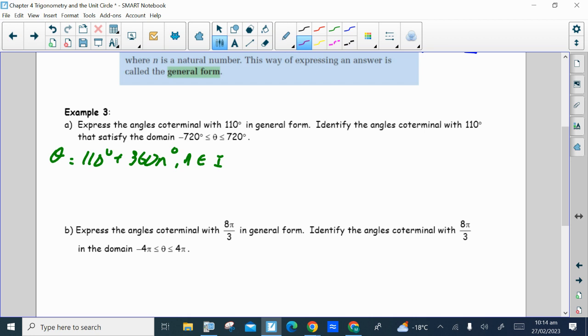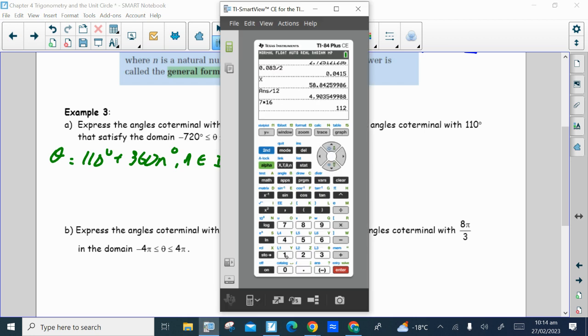If we start with 110 and subtract 360 degrees, that will give us negative 250. If you go 250 degrees in a clockwise direction, you will end up at the same spot as if you went positive 110 degrees from 0. They are coterminal angles. They have the same terminal arm. They end up at exactly the same spot.